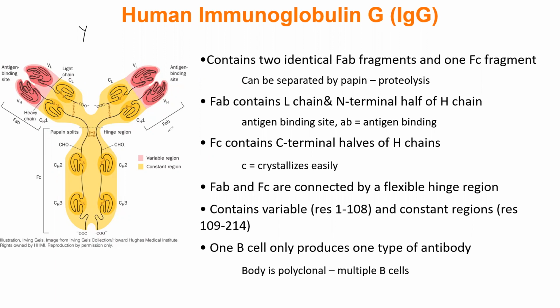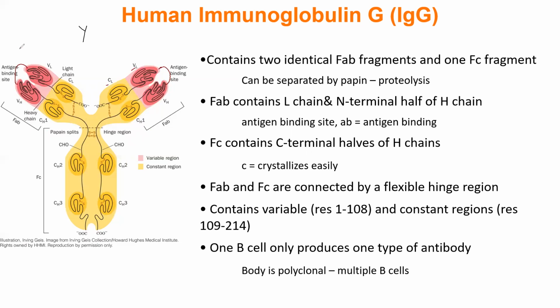And you have 2 different regions as well that are denoted by V and C. V stands for variable, C stands for constant. The way that antibodies work is that these variable regions change.